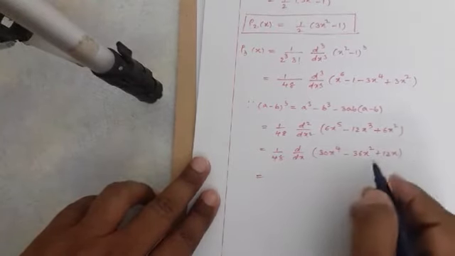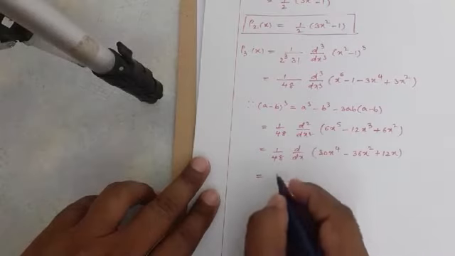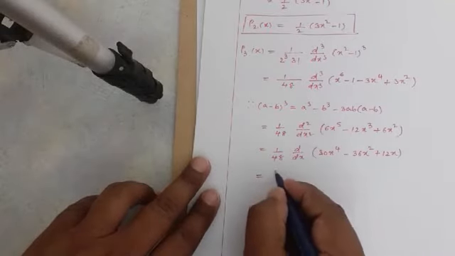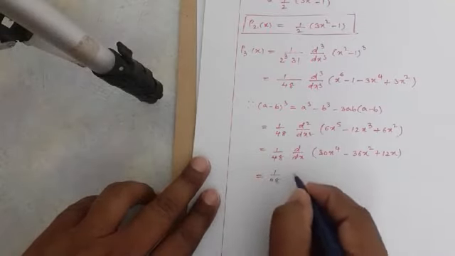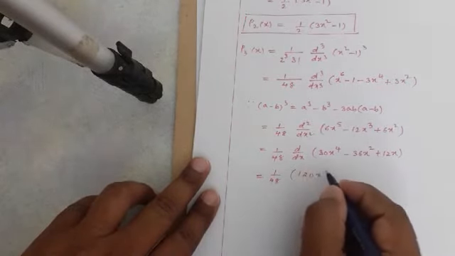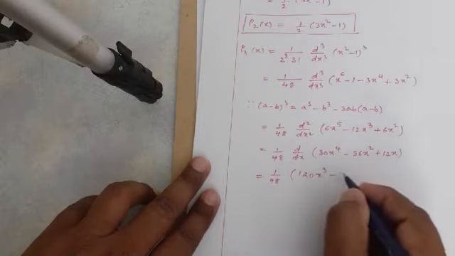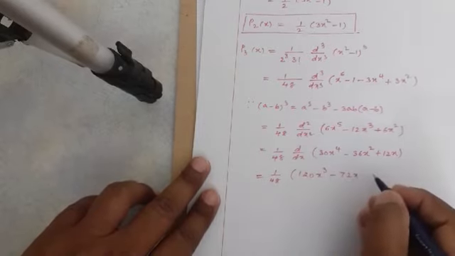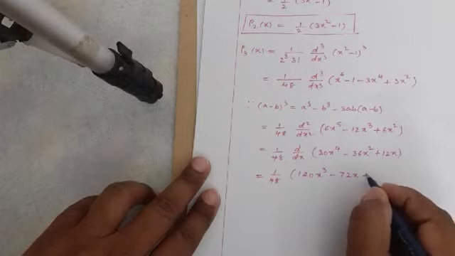When you differentiate again, you get 1 upon 48 into 120x cube minus 72x.